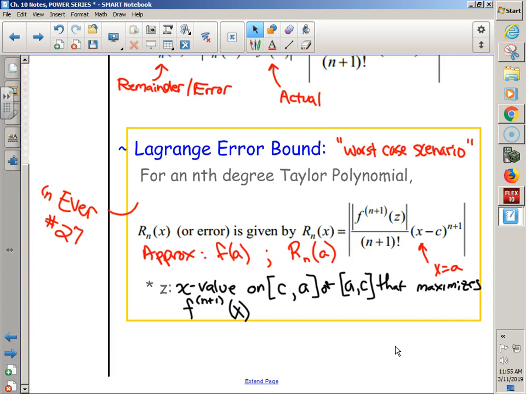Like if they say approximate sine 0.5, would it do 0.5? Well, where are you centered at though? What are they asking you? Perfect. So it'd be 0.5. But if it was approximate sine of 1.5 centered at 1, you would have 1.5 minus 1. Does that make sense? Got it.